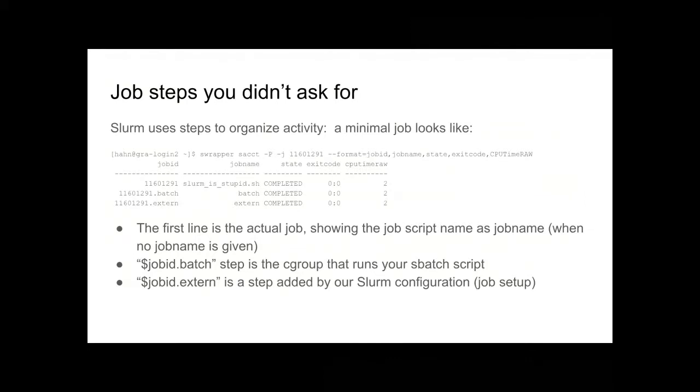In this case, sacct shows me that the job ID consisted of two steps, which are named with a dot something. And it's fabricated job names for those. I could, in fact, have specified my own job names if I wanted to keep them straight. So the .batch job step is the one where I was actually executing, and .extern is actually added by our Slurm configuration.